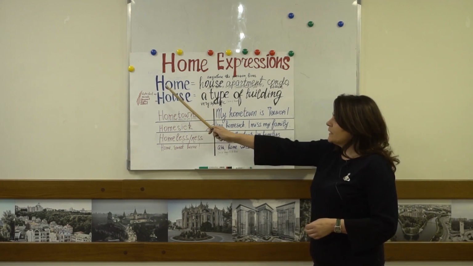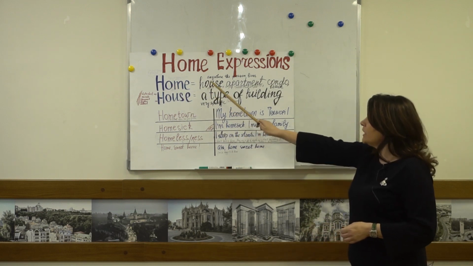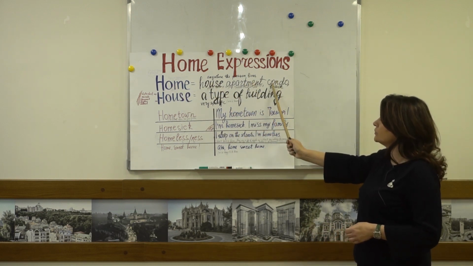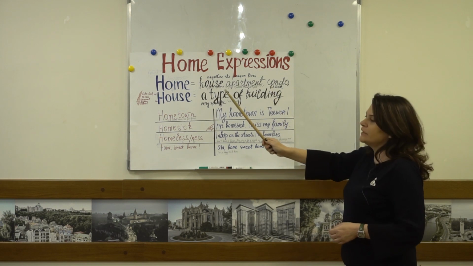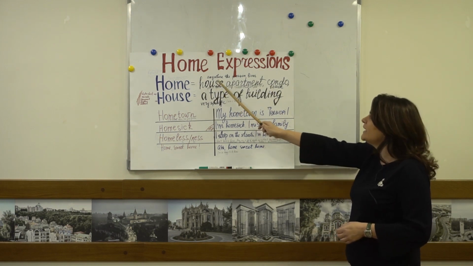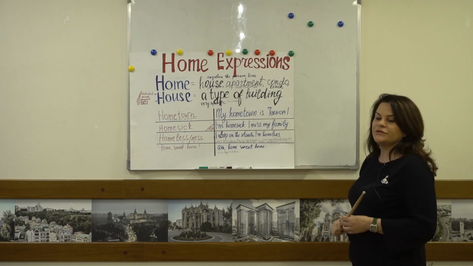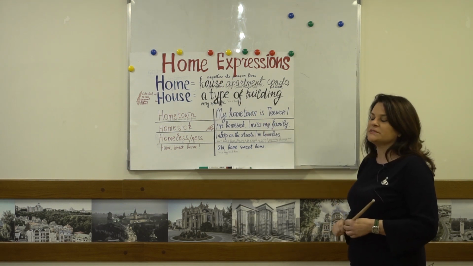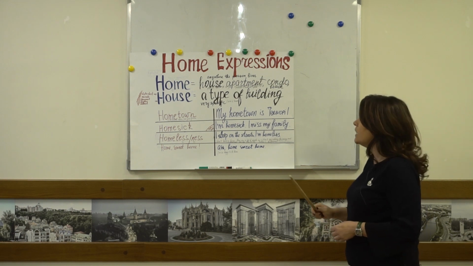What does it mean? Home is the house, the apartment, the condo. It may be a trailer. The place where a person lives. It is anywhere the person lives. It is any place where a person comes back every day.